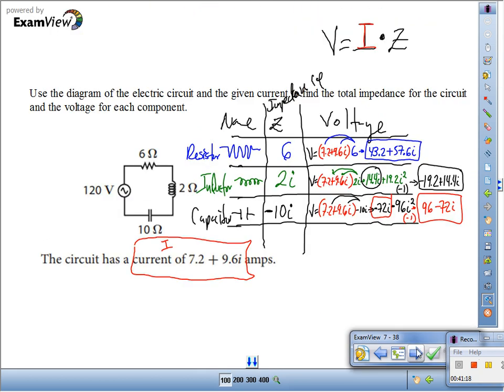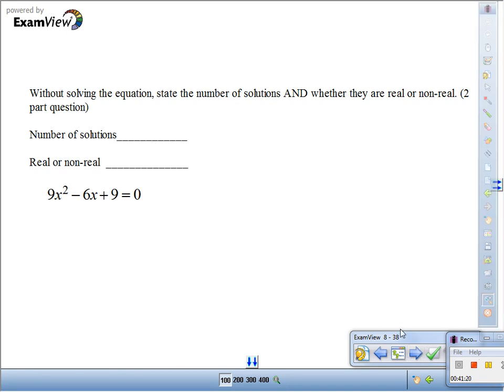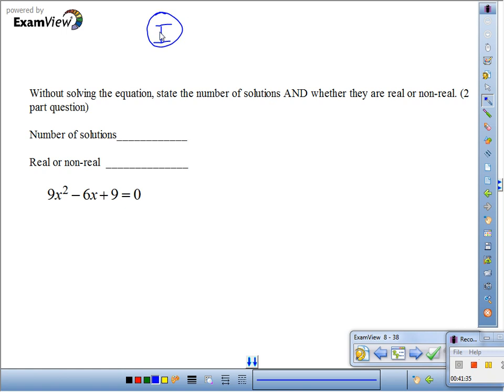All right, let's go to number 8. It reads, without solving the equation, state the number of solutions and whether they are real or non-real. Two-part question. So here goes the premise for these. Most important part, it needs to be in standard form.